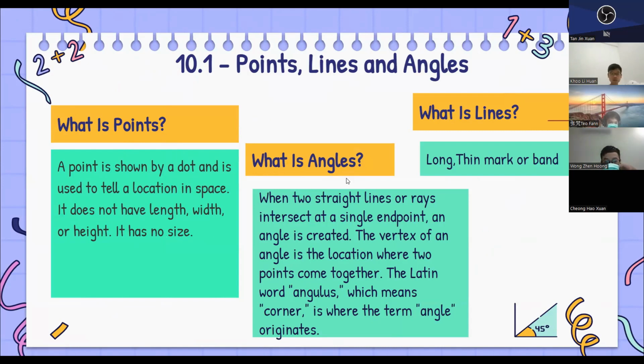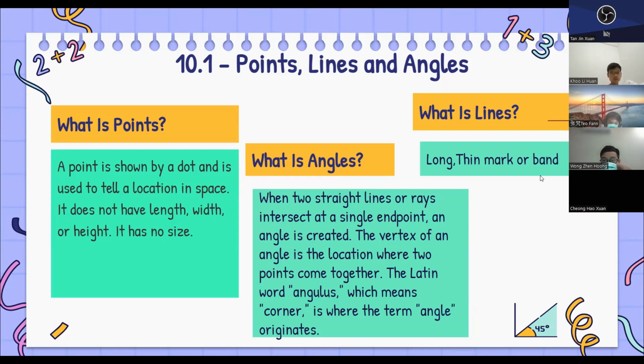And then an angle is when two straight lines or rays intersect at a single endpoint. An angle is created. The vertex of an angle is the location where 2 points come together. The Latin word angulus, which means corner, is where the term angle originates.